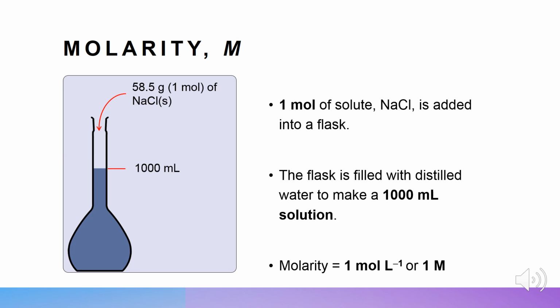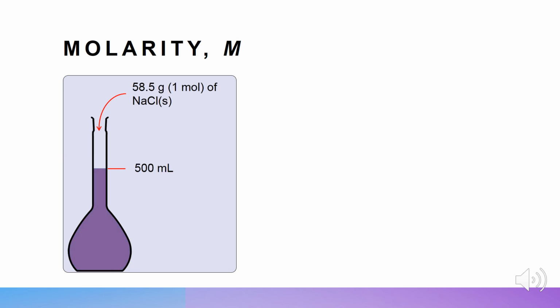Students sometimes get confused by assuming that a 1 molar solution contains 1 mole of solute in a liter of solvent. This is not the case because 1 liter of solvent plus 1 mole of solute usually has a total volume of more than 1 liter. So again, molarity expresses how much solute is in a liter of solution, not solvent.